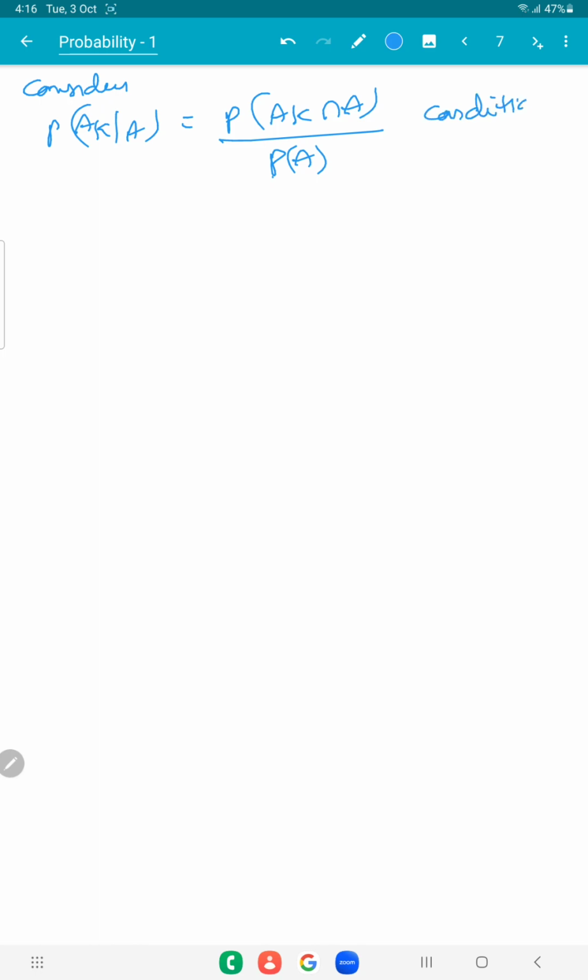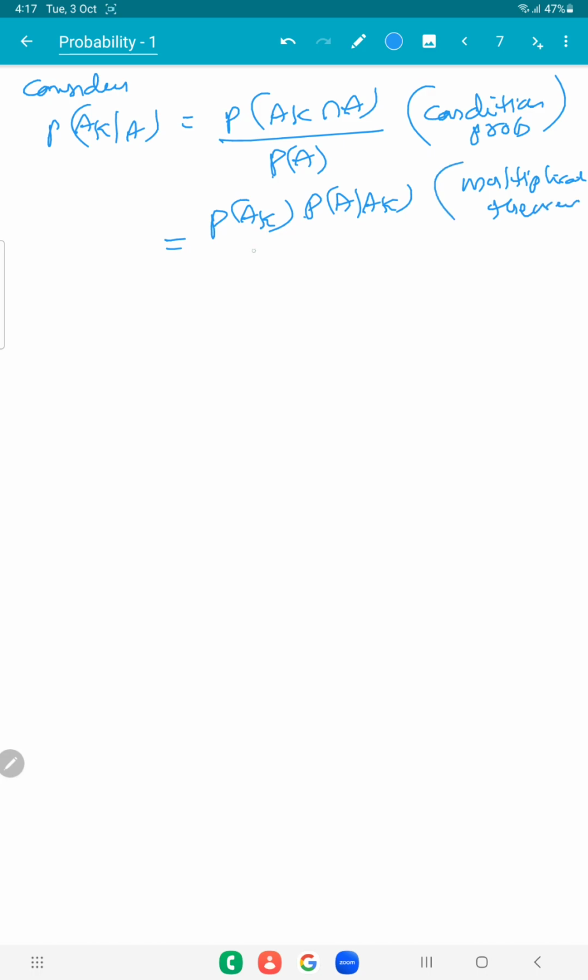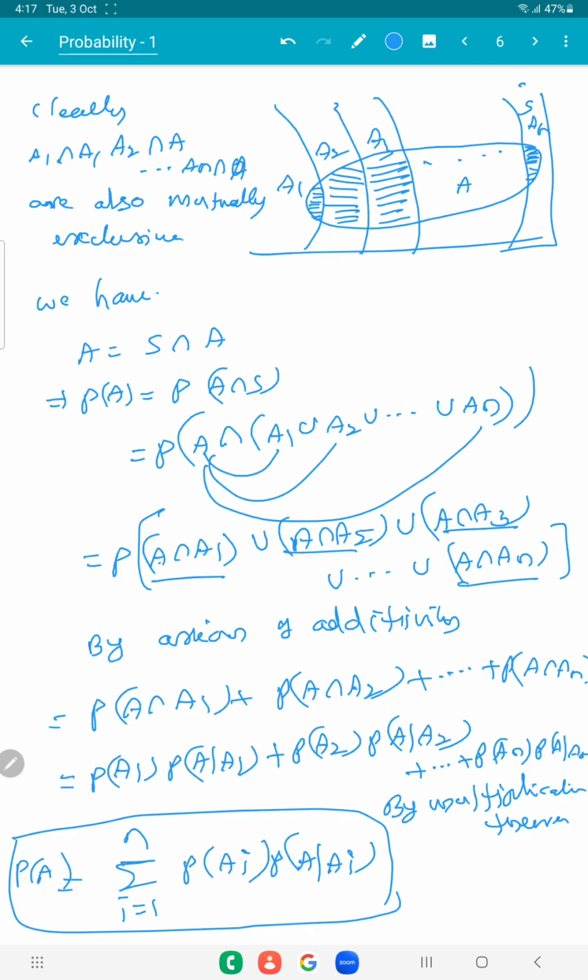Don't forget what we need to show: P of Ak given A. So consider, by using the conditional probability definition, P of Ak intersection A by P of A. I am writing this as P of Ak into P of A given Ak, by the multiplication theorem, divided by P of A. What is P of A?